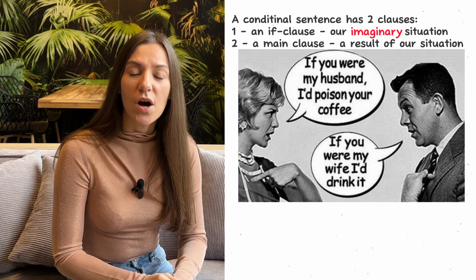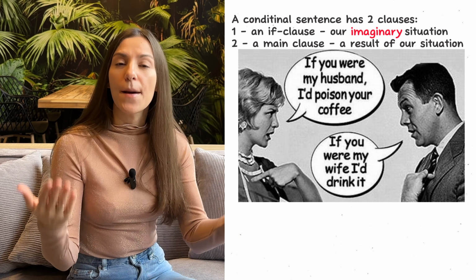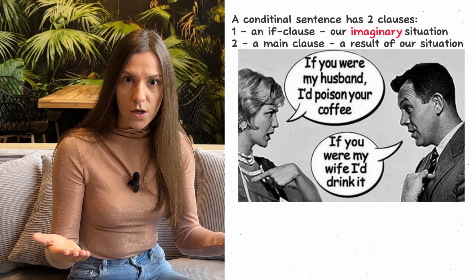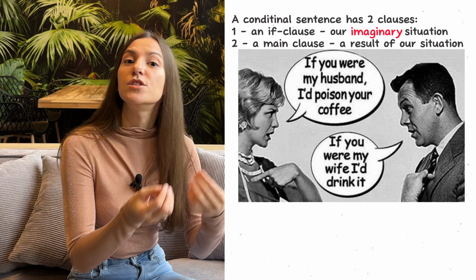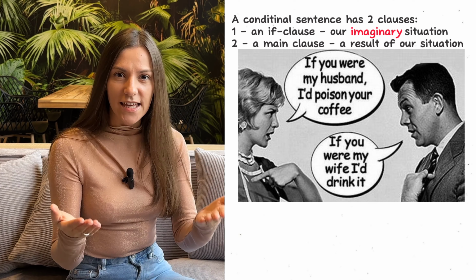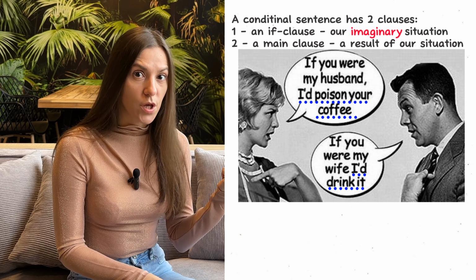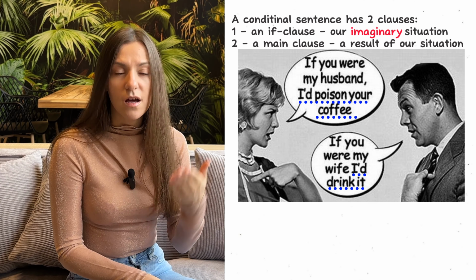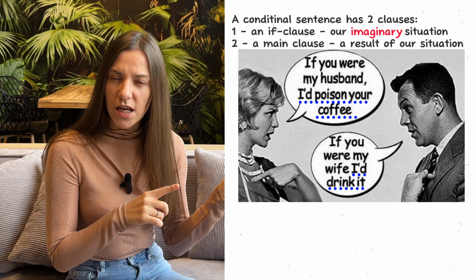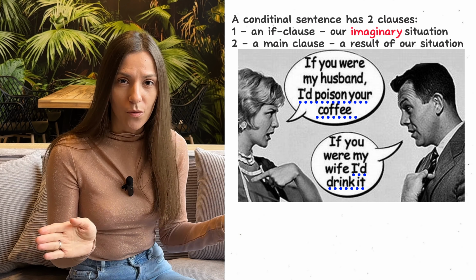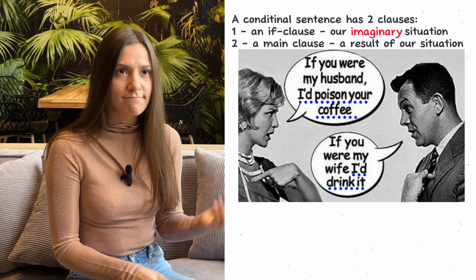The second part of a conditional sentence is a main clause. And this is our result of a situation. In this case, they are, I'd poison your coffee and I'd drink it. Did she poison his coffee? No. Did he drink it?